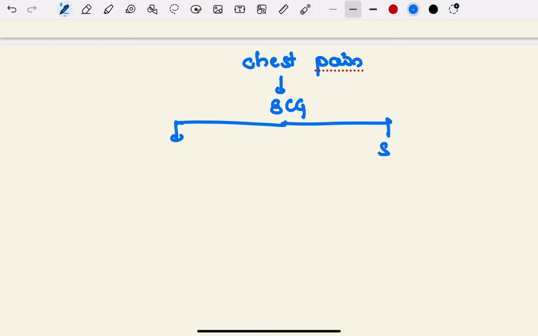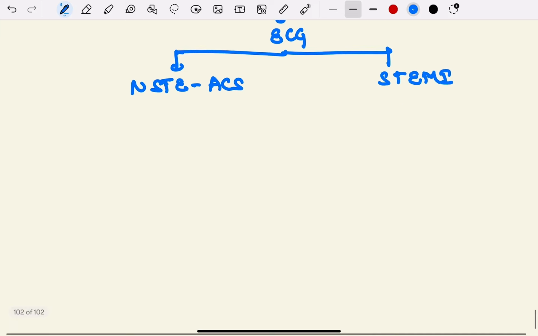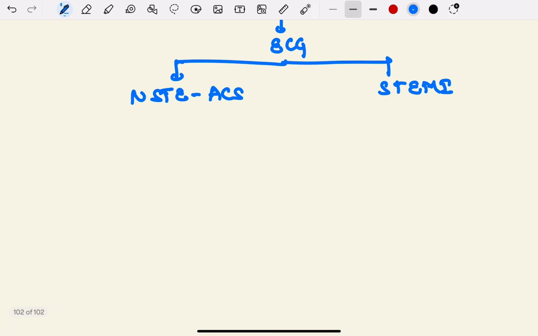Either it can be ST elevation MI, or it can be non-ST elevation acute coronary syndrome. In non-ST elevation acute coronary syndrome, we have two entities: one is unstable angina and one is non-ST elevation MI.